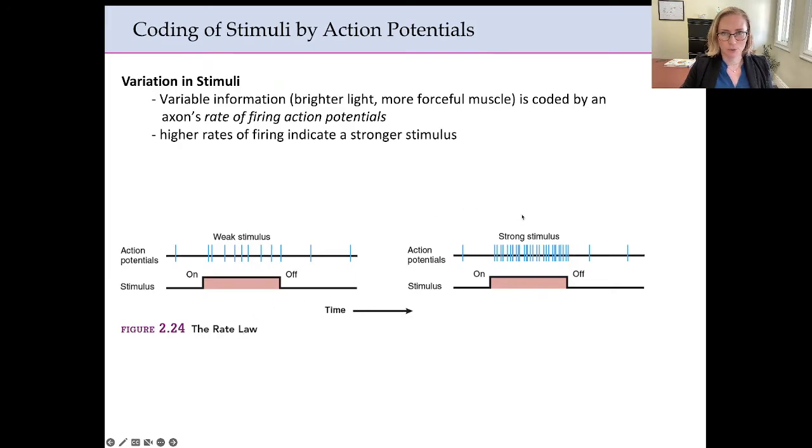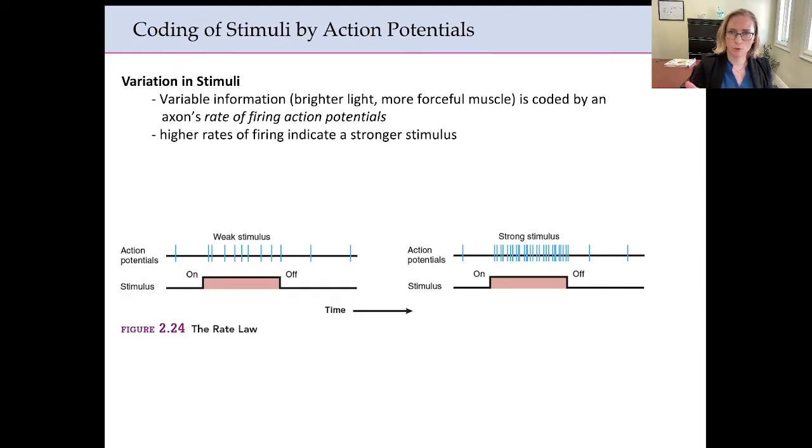This is how things are coded. The action potential goes from -70 to +40, back down to -70, hyperpolarization a little bit, and then resting potential. That shape never changes. So if you have a heavy weight that you're lifting, the action potential doesn't just all of a sudden go up to +100, it will still only go to +40, but it'll do that more frequently, right?